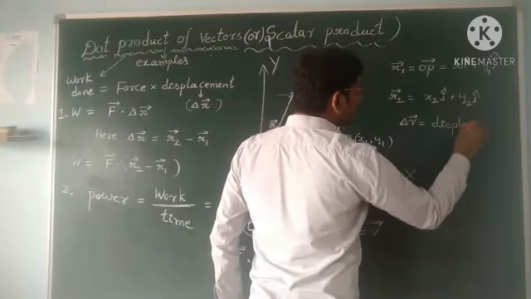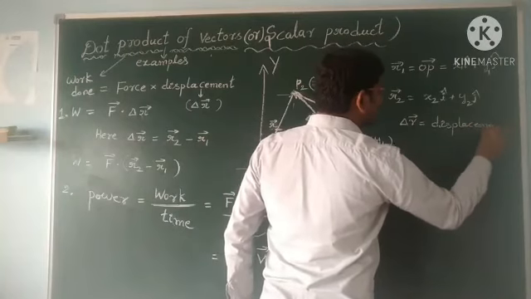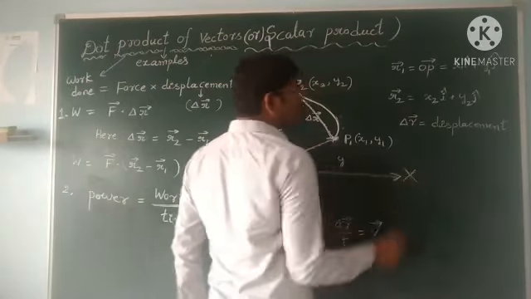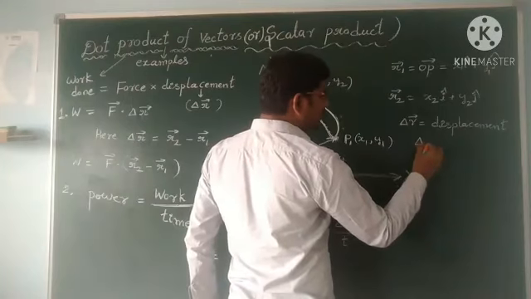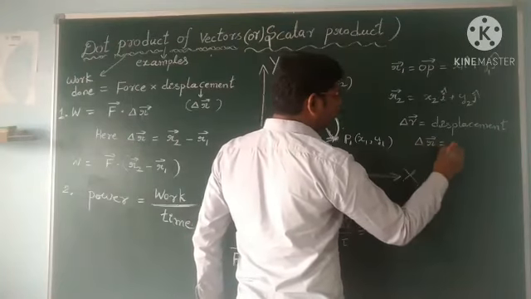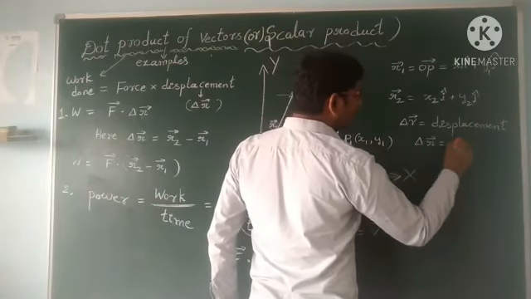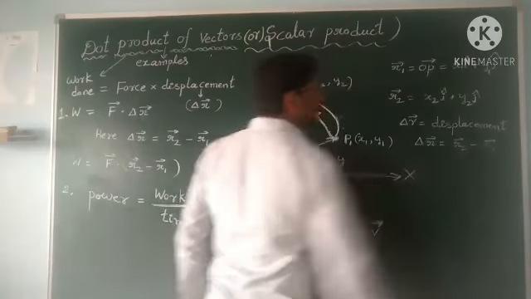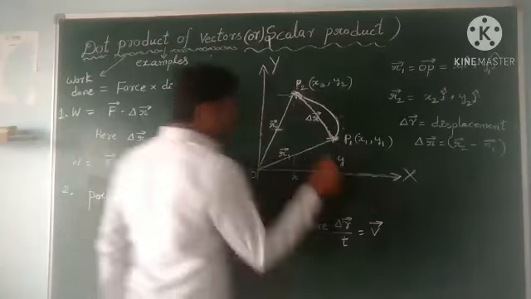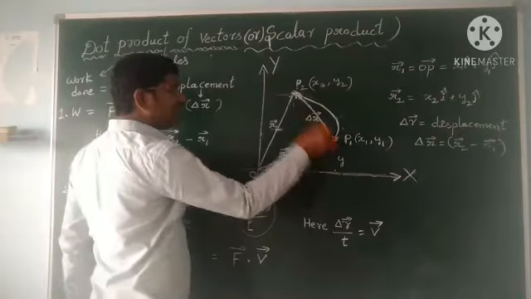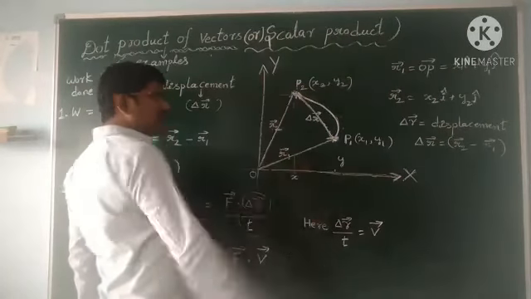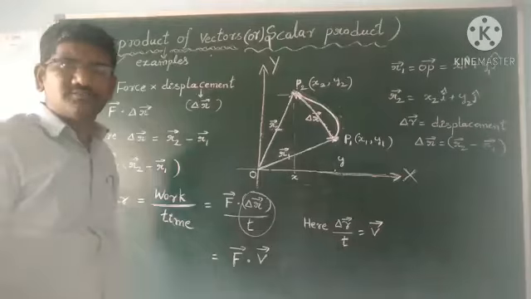Displacement means final position minus initial position. That's why delta r bar is equal to final position minus initial position, r2 bar minus r1 bar. This is the initial position of the particle and this is the final position of the particle. So this is called delta r bar. Okay, students.